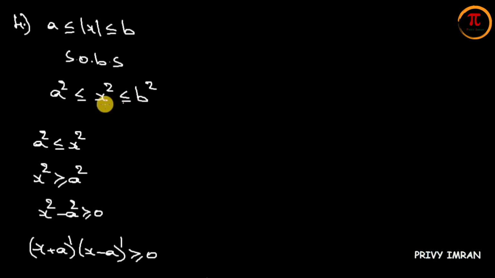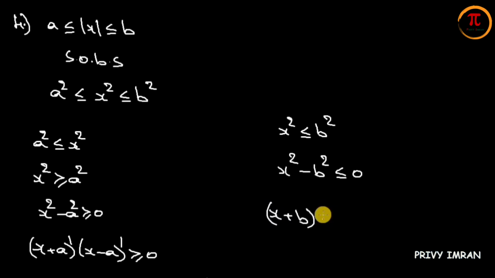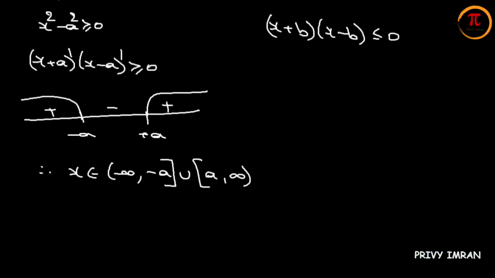Here x square is less than or equal to b square. Now this b square will come to left hand side. Hence x square minus b square is less than or equal to 0. It can be written as x plus b into x minus b. X plus b into x minus b is less than or equal to 0. Now let me draw a number line here.